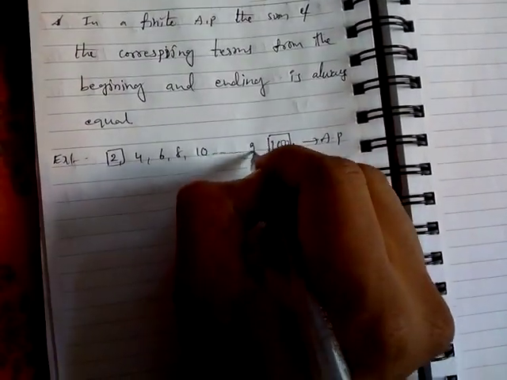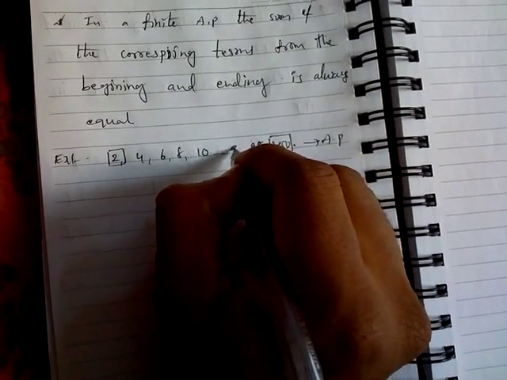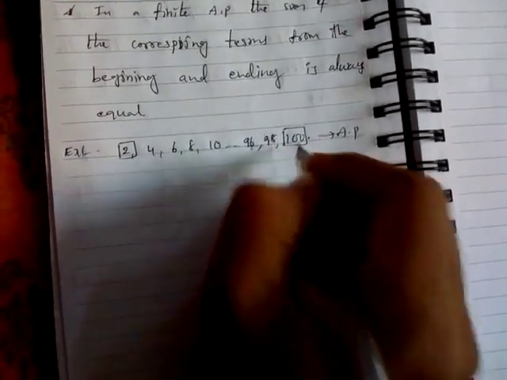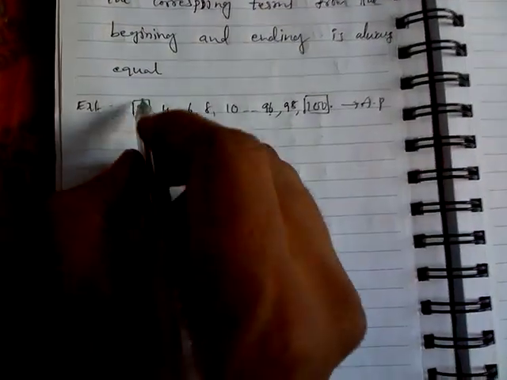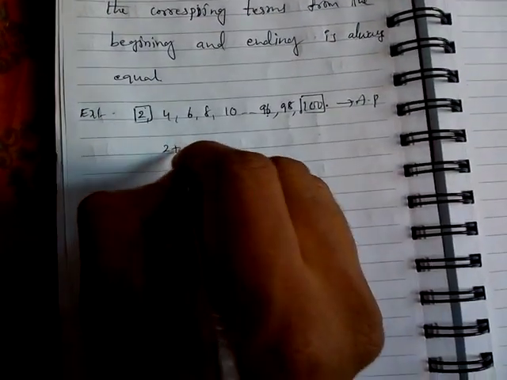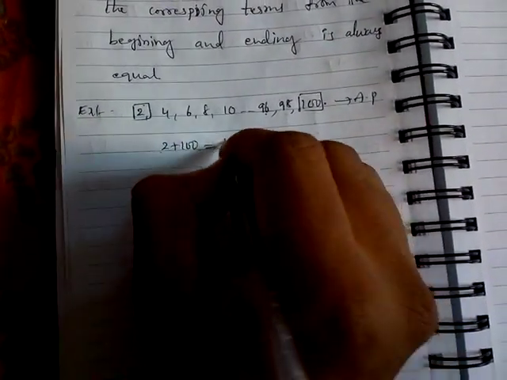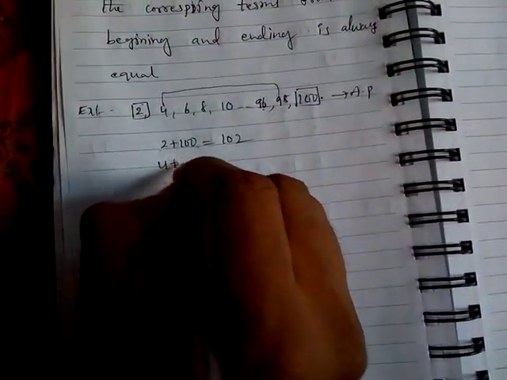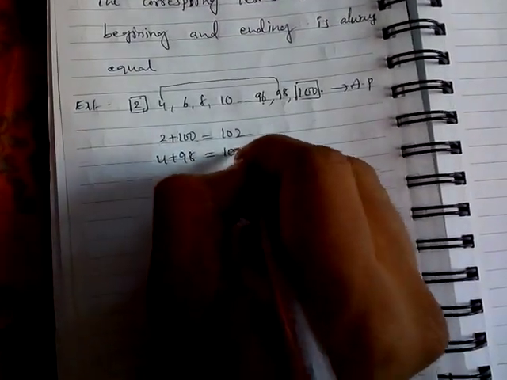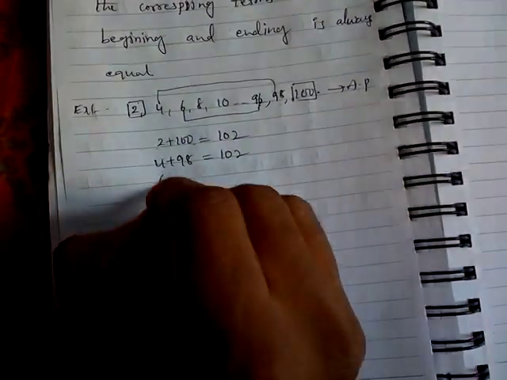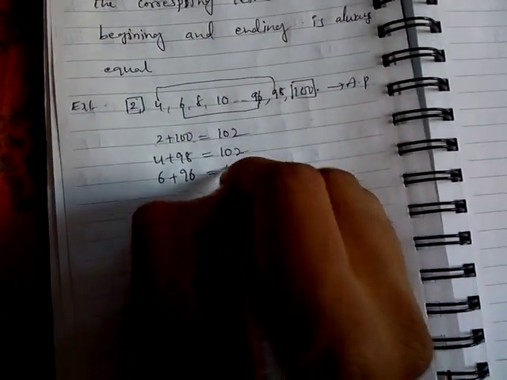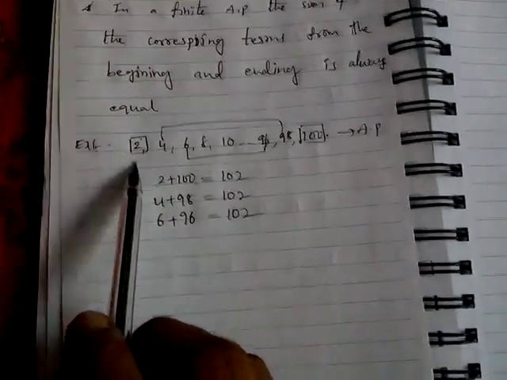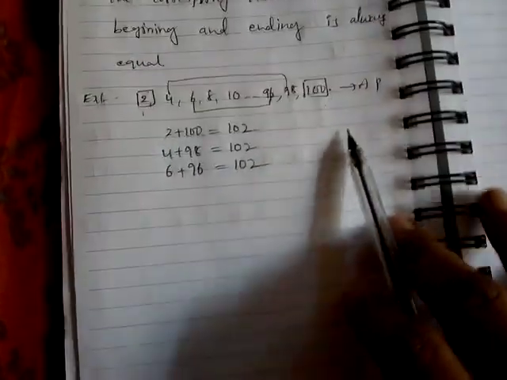Previous to 100 is 98, and before that 96, 94, 92, 90. So we have to add 2 plus 100, how much? 102. If you add 4 plus 98, 102. If you add 6 plus 96, 102. So if you add corresponding terms from the beginning and ending, the sum is the same only.